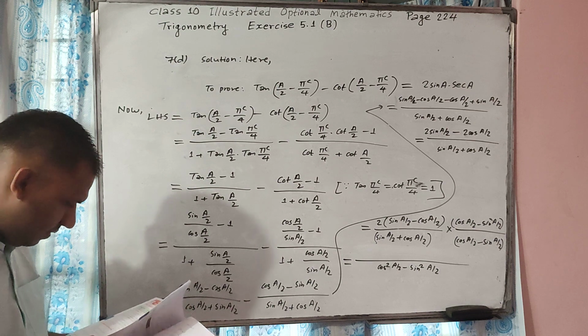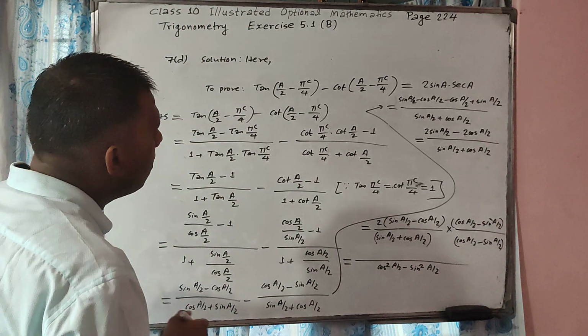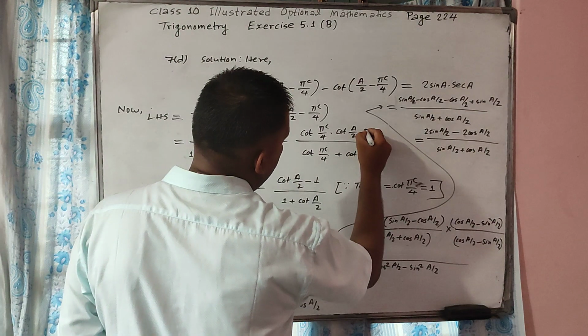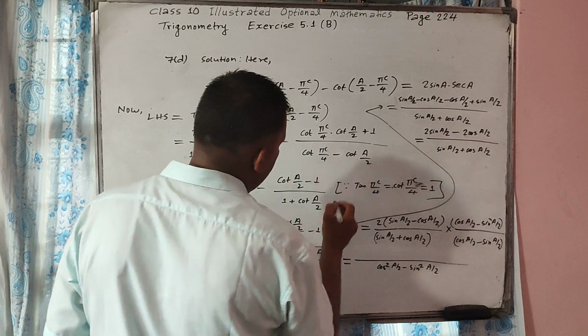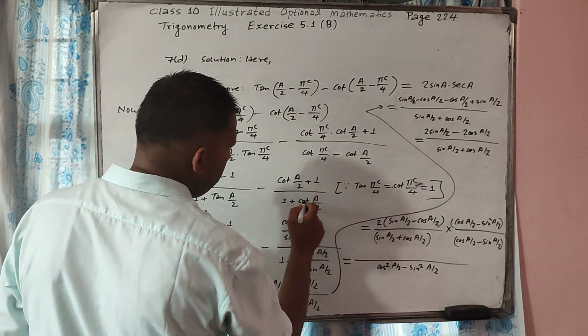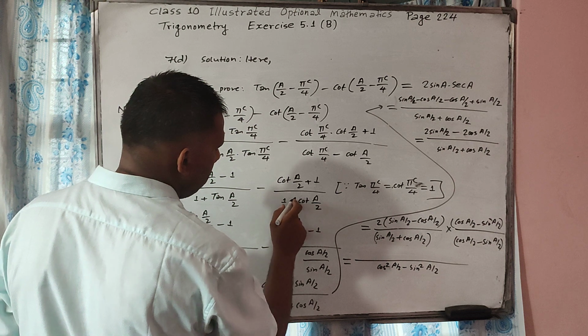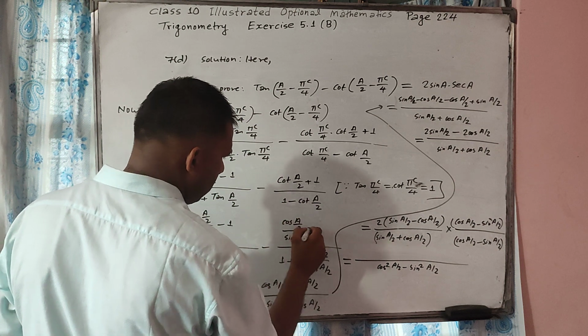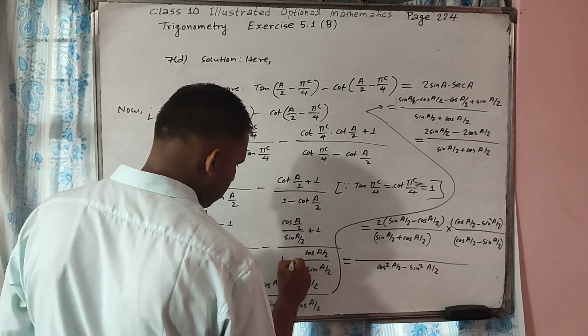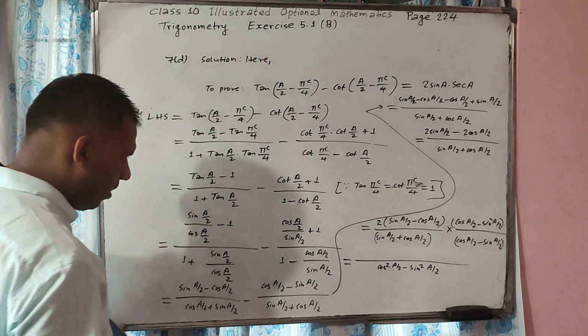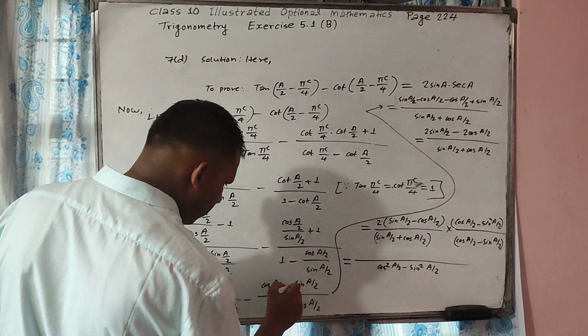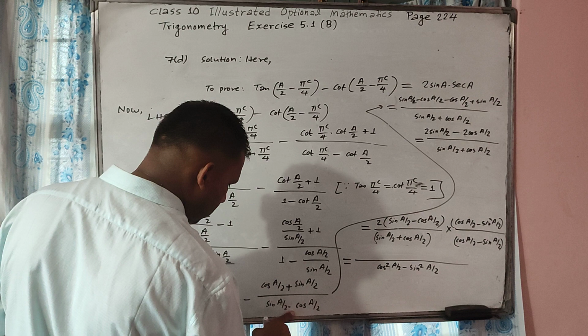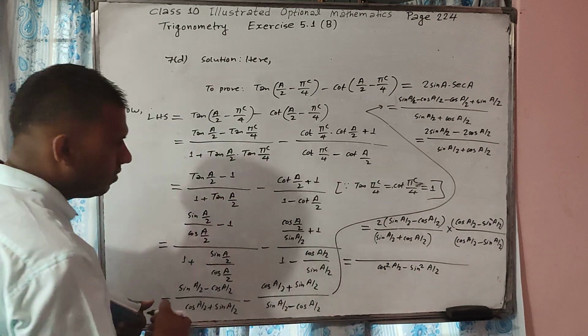Cot a minus b equals cot a plus 1 upon cot b minus cot a.